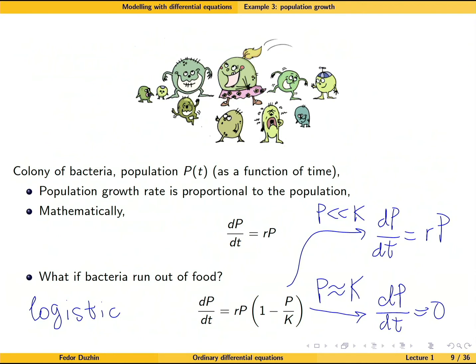And of course, if it is constant, then it has to be exactly K. So in other words, this logistic differential equation would tell us that at first the population of bacteria is growing according to the law where the growth rate is proportional to the population, but eventually the growth rate goes down, and then this population of bacteria stabilizes and becomes almost K, or slightly less than K, and the more time passes by, the closer it becomes to K. And so here is the logic behind this logistic differential equation.